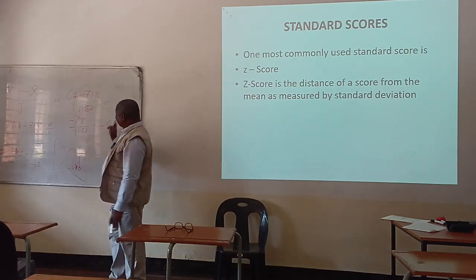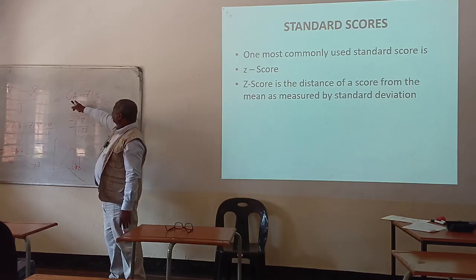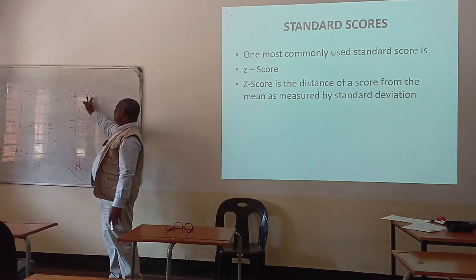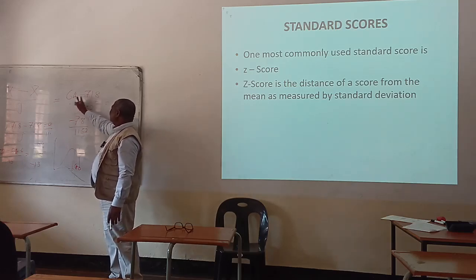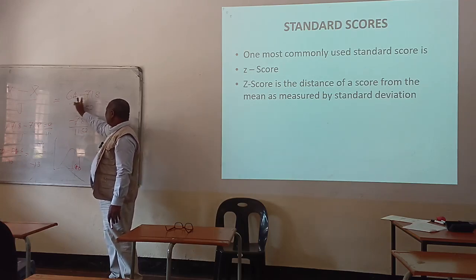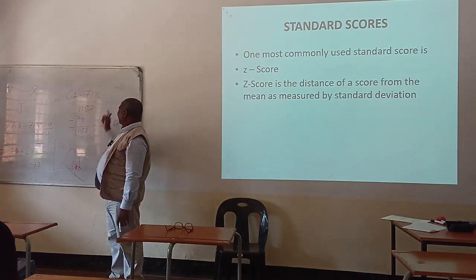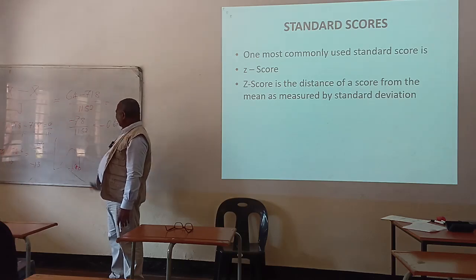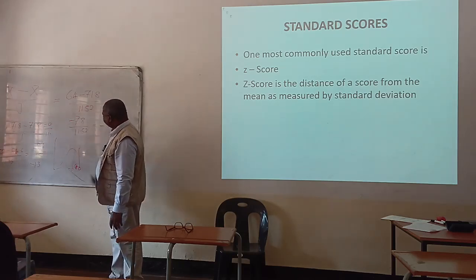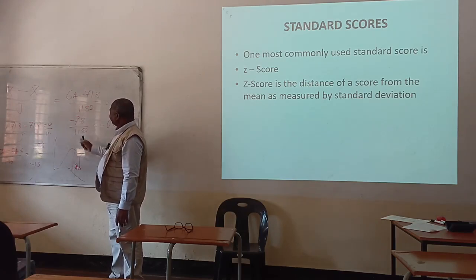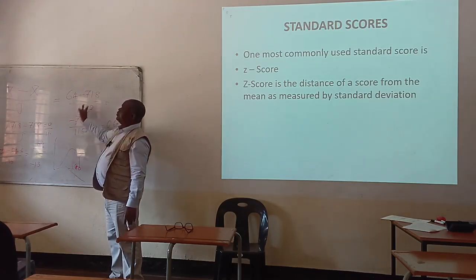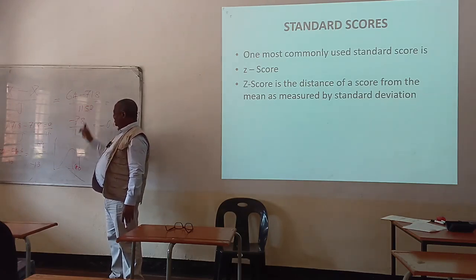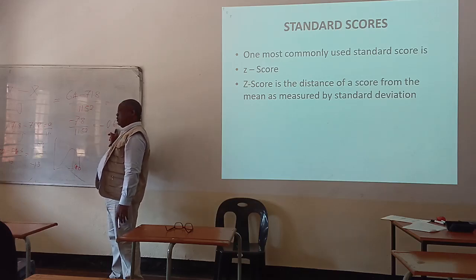In this other class, he got 64, but the mean was 71.8. So 64 minus 71.8 gives you minus 7.8, and 7.8 divided by the standard deviation of that class gives you 0.76.